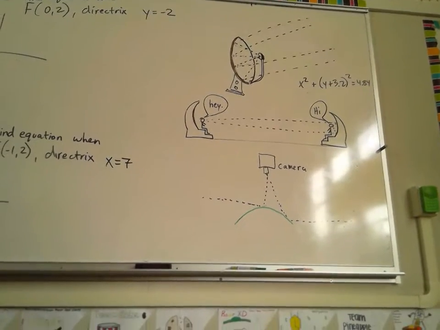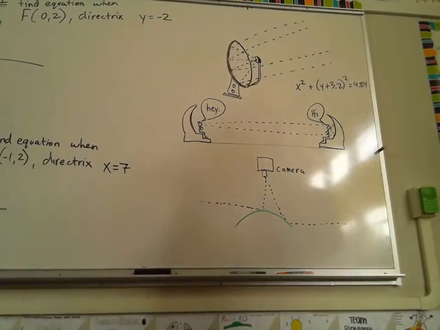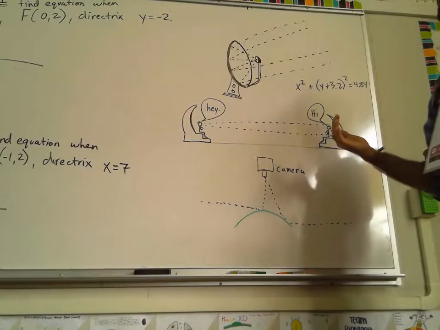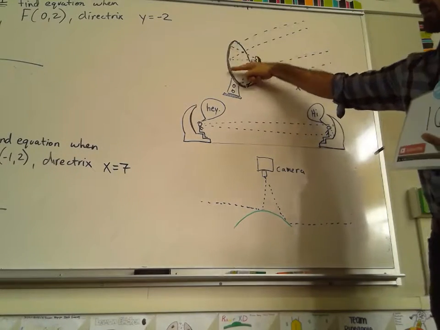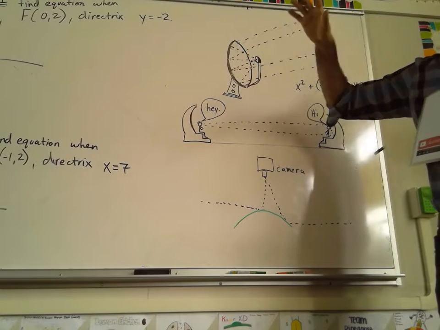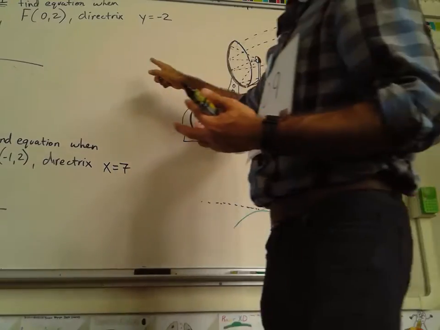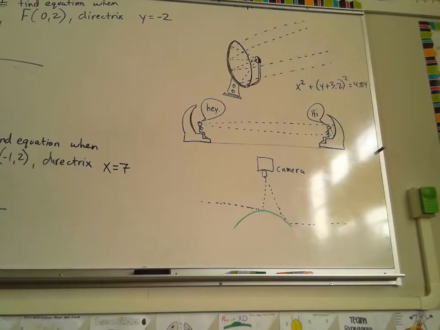So if you had a satellite dish 10 years ago on your roof, maybe you still have one, the shape of the satellite dish and that little sensor outside the dish is actually talking about the focus. All the light beams are focused by bouncing off that right back into the focus.